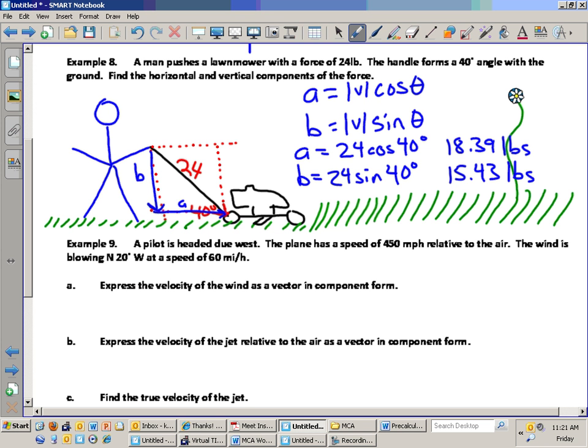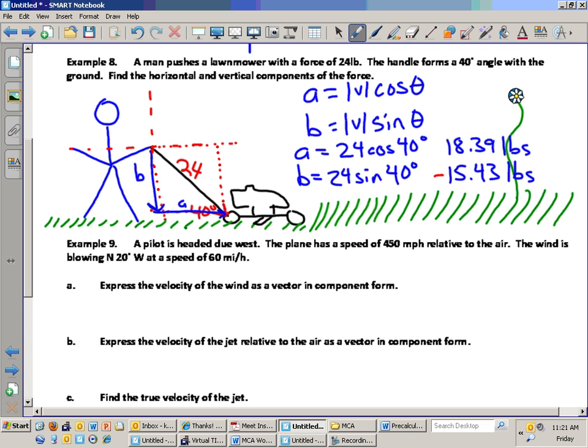Now, let's think in terms of a coordinate plane, you guys. I'm pushing horizontally to the right, so that's positive, right? And then I'm pushing down, so that could be positive or negative. So technically, this vertical component of 15.43 should be a negative value.